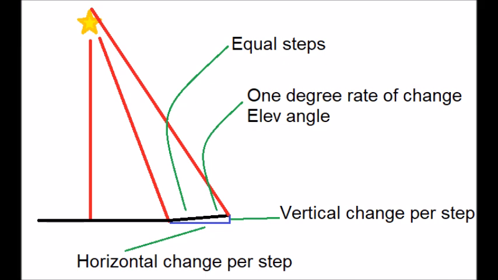That's supposed to be 111 kilometers, and those steps should result in a 1 degree rate of change for elevation angle. And just in case, I put some calculations for any variation in vertical change for each of those 111 kilometer steps. Any vertical change will be combined with a slight change in horizontal distance.